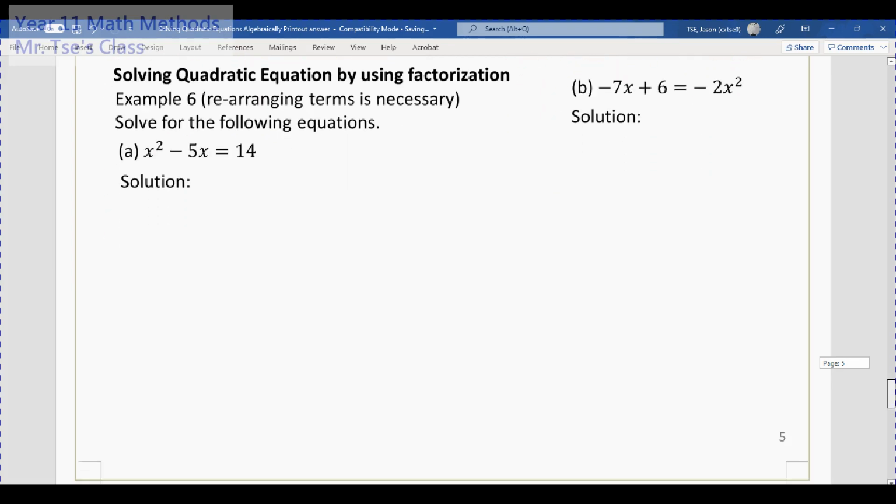Okay, so let's go to example 6. For example 6, you see the question is they are not in the proper form.